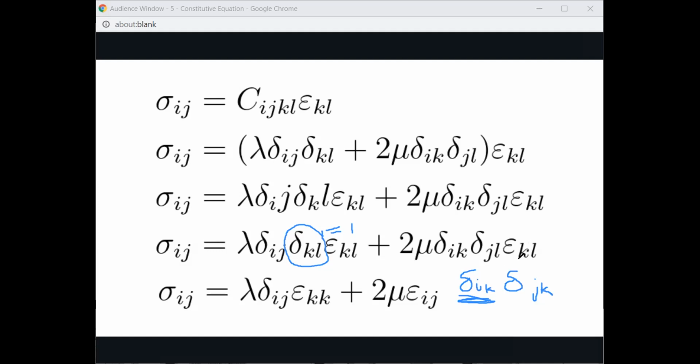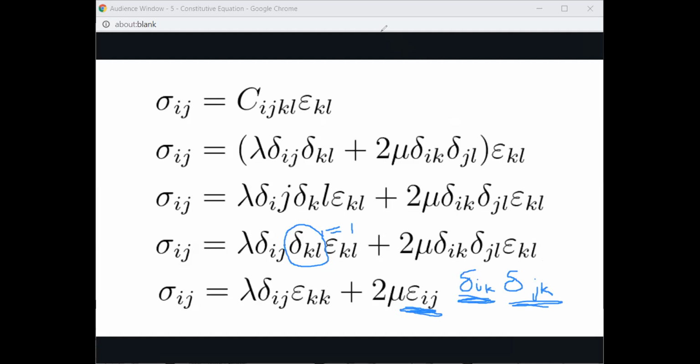Okay, so what happened here? Wait lang. Lahat daw ng K mapapalitan ng I. So this became epsilon I. Okay? K siya doon, naging I dito. Ngayon, lahat daw ng L, sorry.